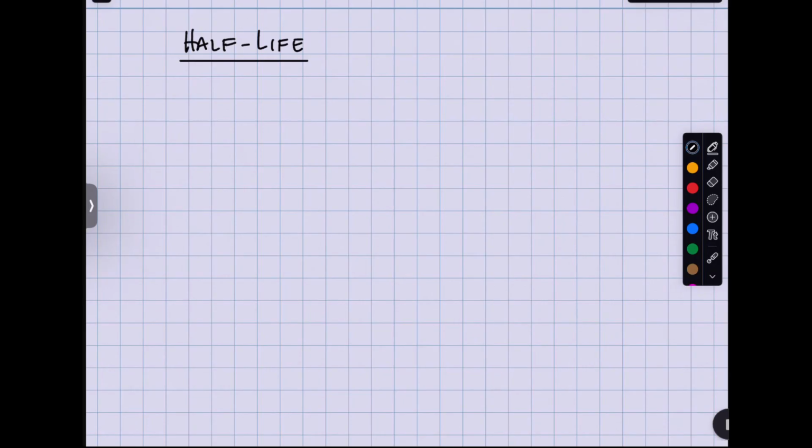If I said the half-life of this sandwich is 2 minutes, what does that mean? The half-life of this sandwich is 2 minutes. But what does a half-life mean? It means that half of this sandwich would be gone in 2 minutes.